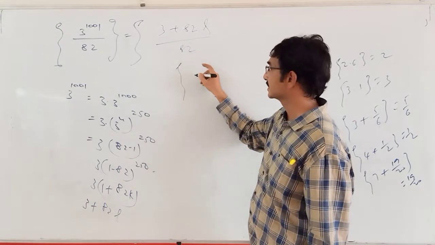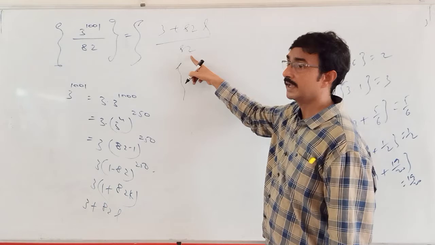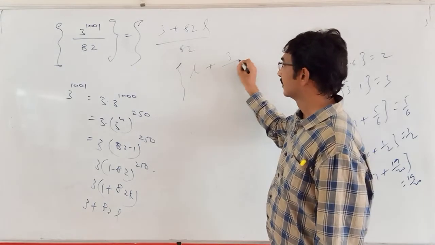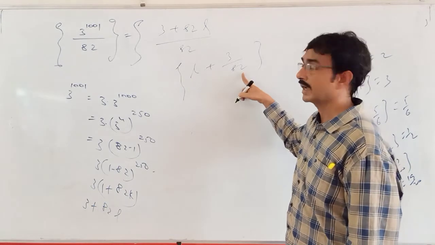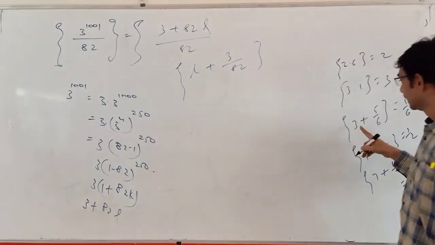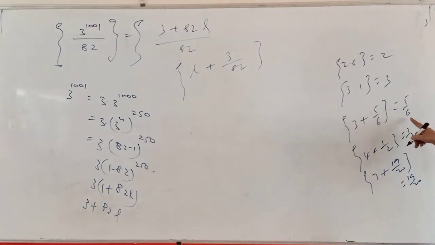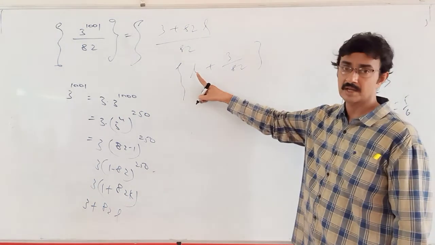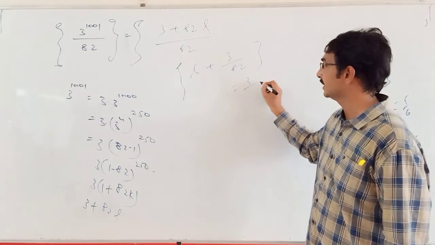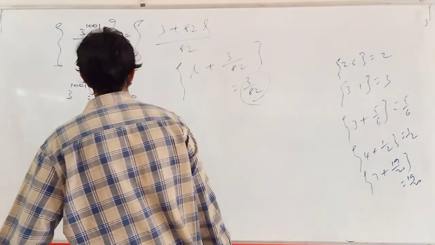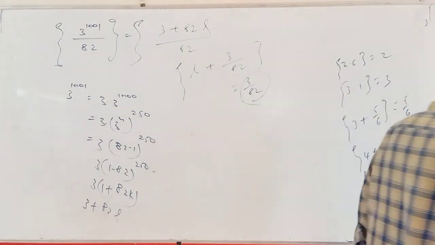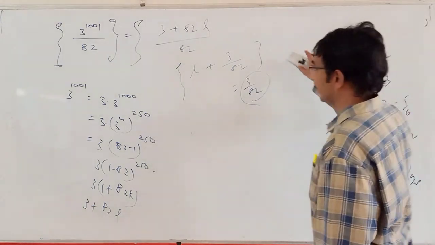Again, this can be expressed as 82l by 82 plus 3 by 82. This is some integer, and this is fractional. So the fractional part of 3 plus 5 by 6 is 5 by 6, and here the fractional part of integer plus 3 by 82 is 3 by 82. That is the answer. So this model is nothing but the remainder of a number when divided by another number.